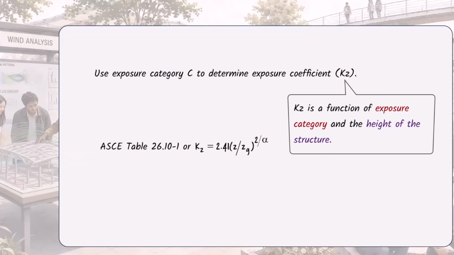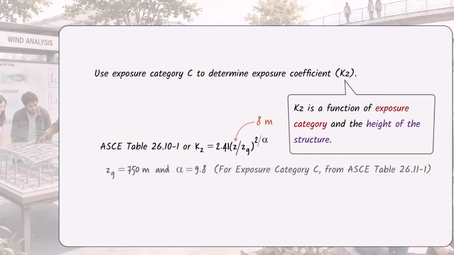Let's use the equation. Here, Z is the height at which we are calculating the wind pressure. In this case, the canopy height of 8 meters. Since we determined that our site falls under exposure category C, we use the corresponding exposure C values for Zg and alpha. Zg, the height of the atmospheric boundary layer, is 750 meters, and alpha, the gust speed constant, is 9.8.